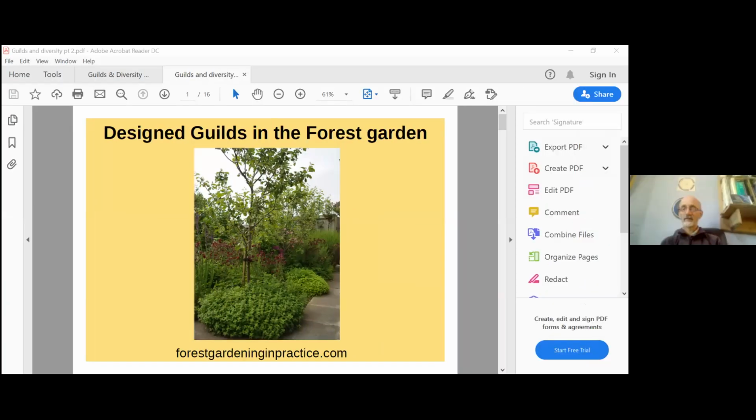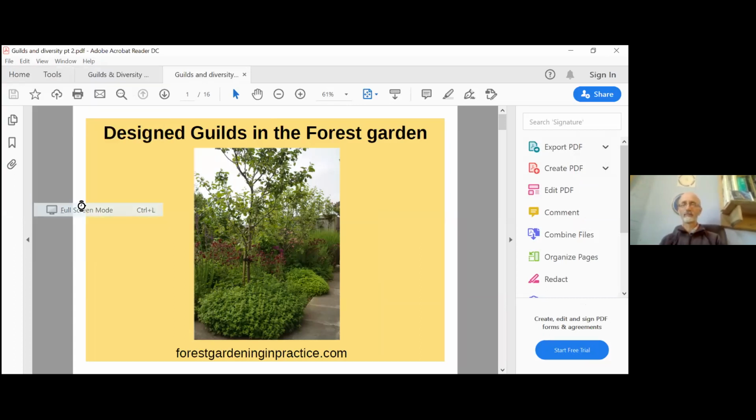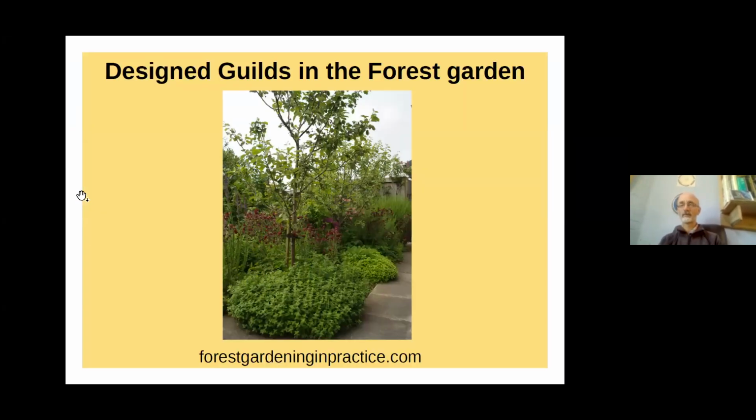Thanks. Great, and so I will dive straight into it this time. In the first presentation, we had a look at how guilds work and what the underlying fundamental principles of guilds are.